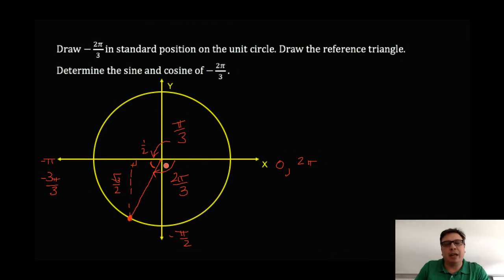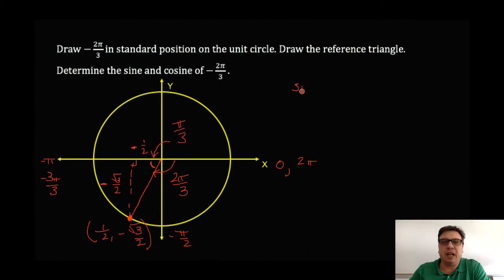Now I've got to take into account direction. Notice on the x-axis, this is a negative value. And in the y direction, this is also a negative value. So this point down there is at negative 1/2, negative square root of 3 over 2. Well, the first part of the point is the cosine. The second component is the sine.